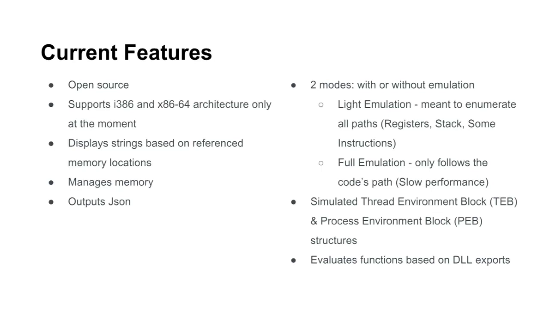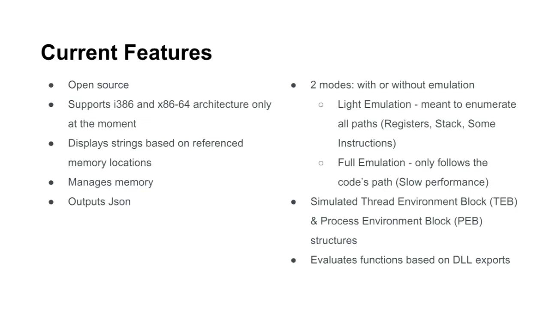There are two modes. There's light emulation, where it goes through and uses a stack to push all the arguments onto the stack when you jump into a function, as well as full emulation, which I don't recommend because I need to make it faster. It works for things like packing or the PEB loading, which I'll explain again, but it's pretty slow.